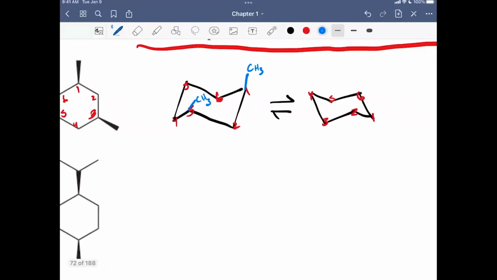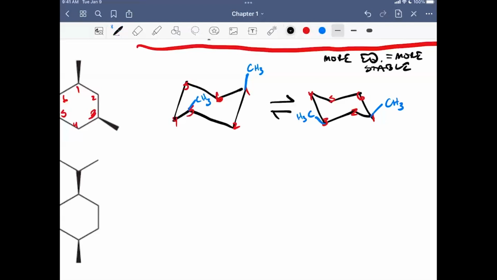So for this one, again, it stays the same. Wedge is up, CH3 group, and wedge is up, CH3 group. Which is the more stable chair conformation? Now, if you watched my previous video, you know that the more equatorial positions, the more stable the chair conformation is.